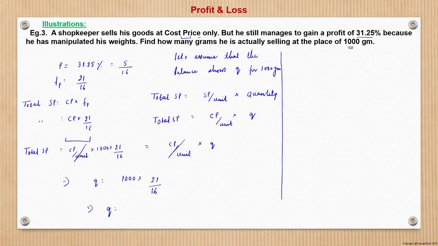How much does this get? So here it is 1312.5 gram. However, now see, this is using the generic approach.